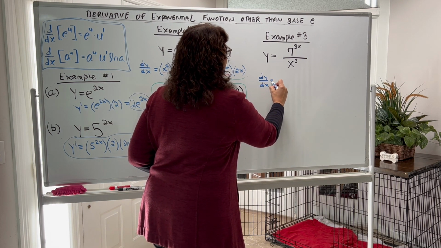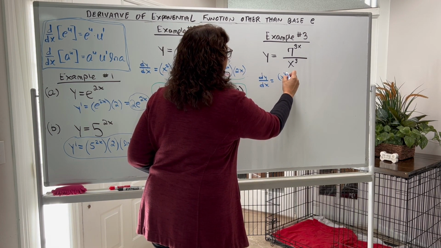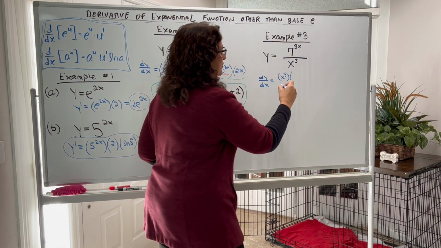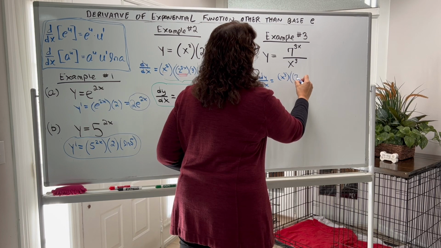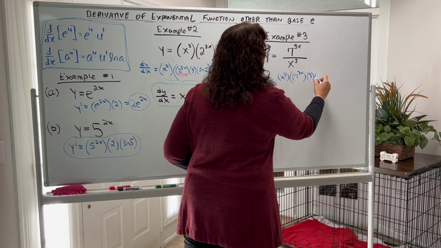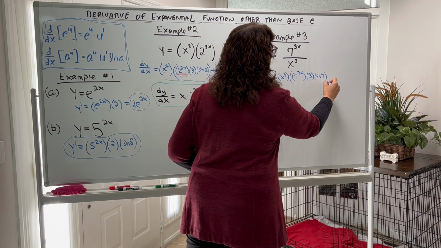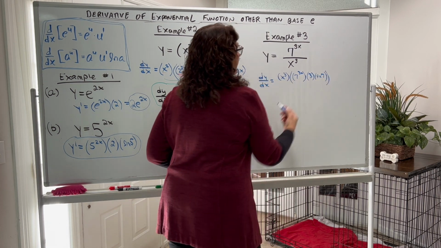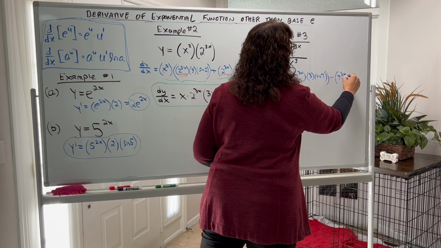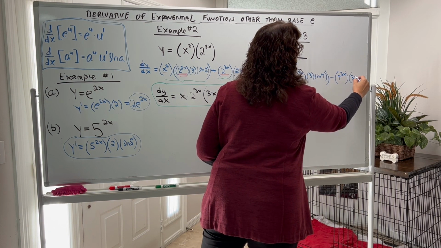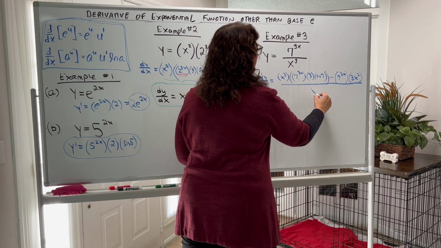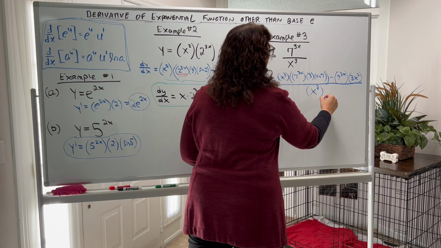We are going to take the denominator, x to the 3rd, times the derivative of the numerator. The numerator is the exponential, a to the u, so it's going to be the whole 7 to the 3x, times the derivative of the exponent, natural log of the base. So there's your derivative of the exponent, minus the numerator, which is 7 to the 3x, multiplied by the derivative of the denominator, which is 3x squared, and all of this goes over your denominator squared.